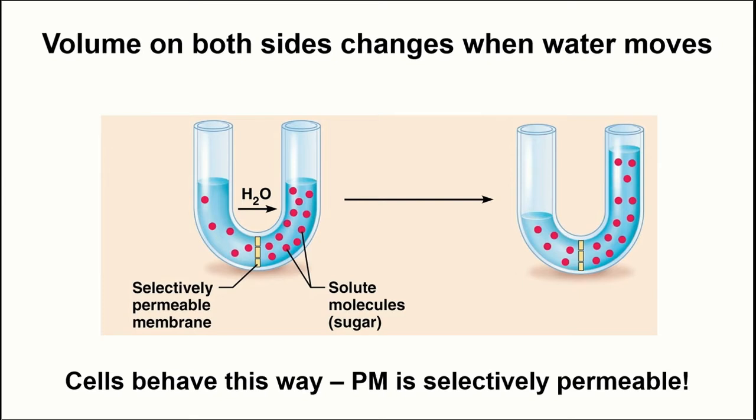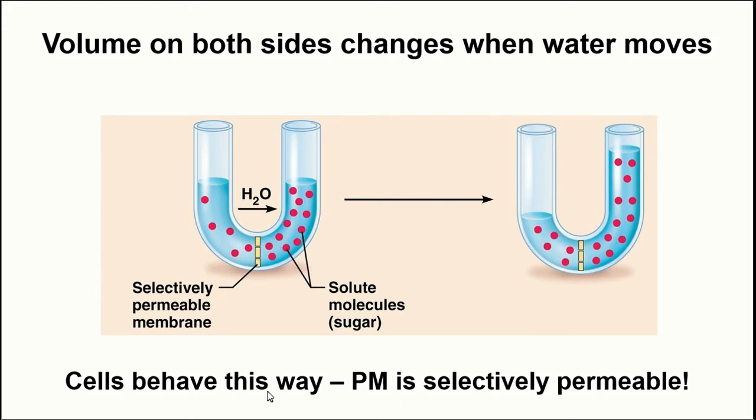And so cells like to hold on to their solutes. And what we get is water moving into and out of the cell as a result of changes in concentration of those solutes. Right. So we saw in our simple example with our 1 gallon vessels that the volume on both sides of that membrane changed when the water moved.